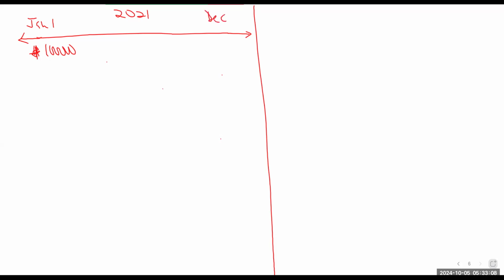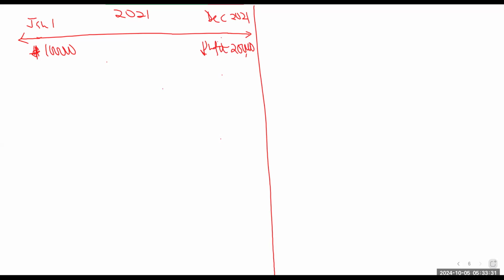So December 2021, we are having a profit of, let's say, 200,000. No market value issue has been made, and no bonus issue has been made. So let's come here.